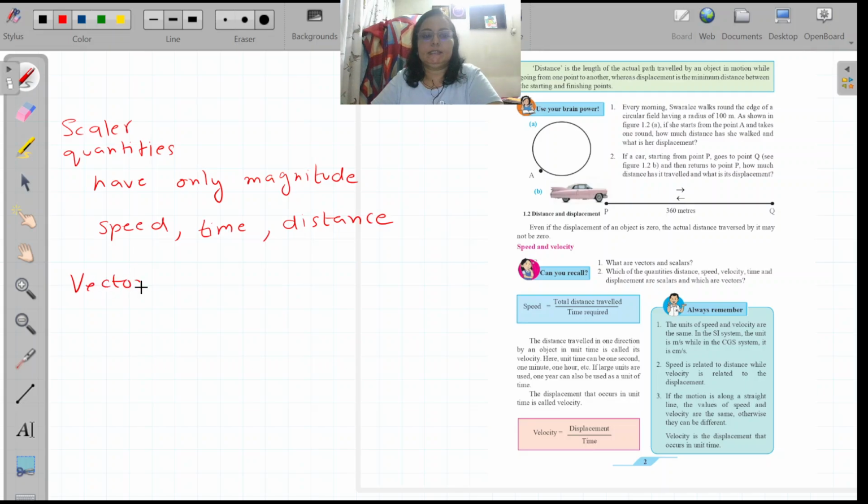What are vector quantities? They have both magnitude and direction.